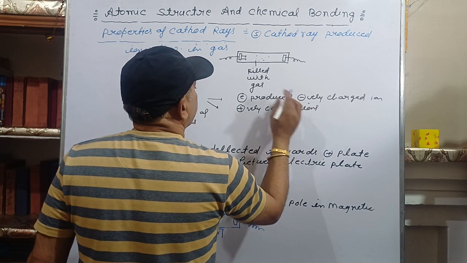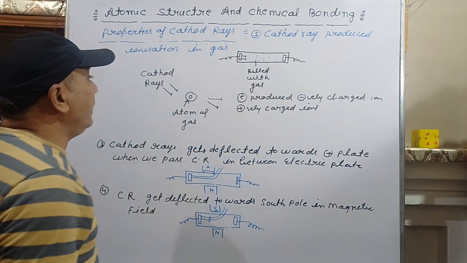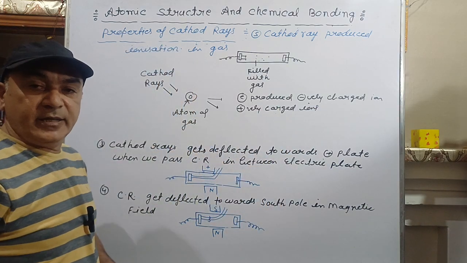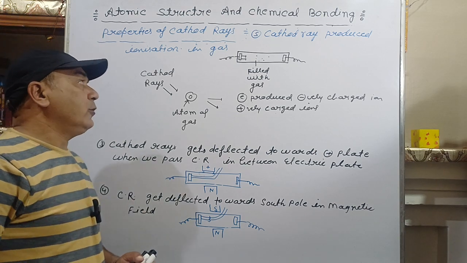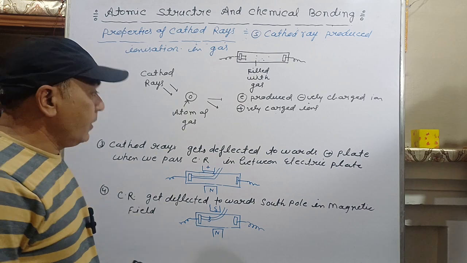This is called ionization of gas. So it is very simple. Cathode rays produce ionization in gas.